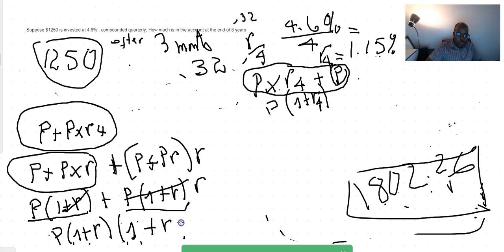There it is. So for this second period, the second quarter, I have P times 1 plus R to the power of 2.